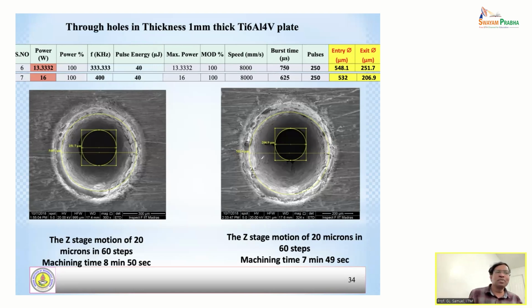So how do we know how much energy is required? That is the reason we go for the modeling. In the modeling, we need to see what should be the exact amount of energy and how many pulses will be needed. And if you exactly give those numbers, we get better holes.